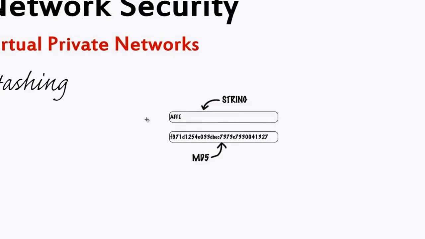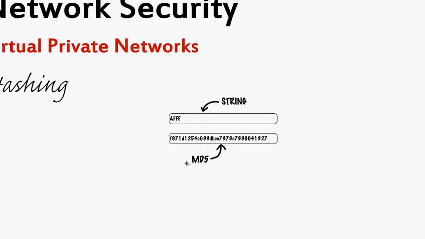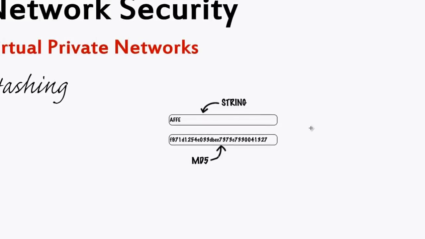As you can see here on the screen, we take a message and then we get a fixed size string. We have a lot of solutions for that. I'm pretty sure you have heard, if not, you will: MD5, SHA, two examples of hash functions that we use.